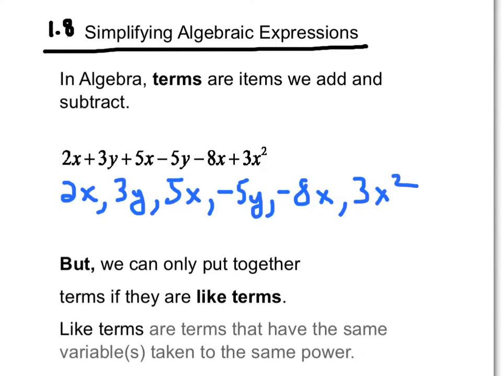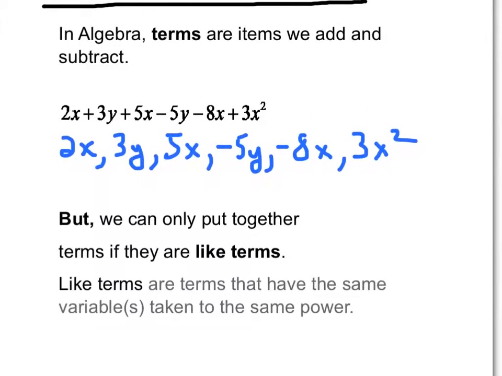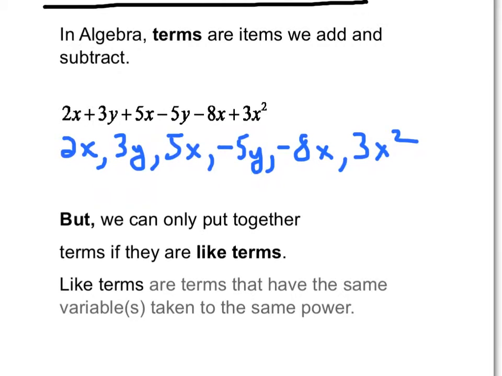Now, like terms are the items that we're going to be able to put together in an algebraic expression when we're simplifying. Like terms are the terms, the items that we add and subtract, that have the same variable.